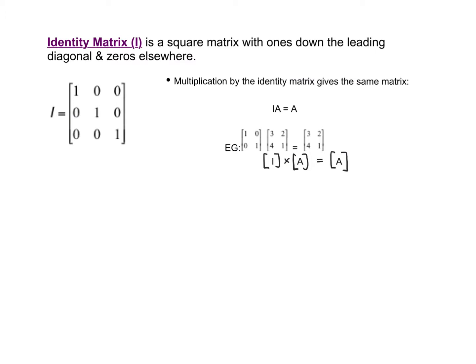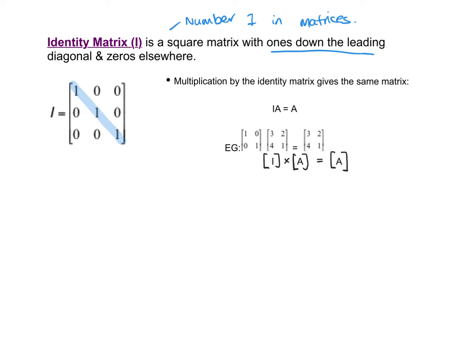Okay. So we're also now going to look at an identity matrix. An identity matrix has 1s down that leading diagonal, so we can see here it is, and has 0s everywhere else. Now an identity matrix is sort of like the number 1 in matrices. If you multiply something by an identity matrix, you get the same thing.